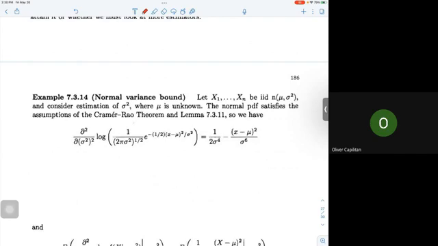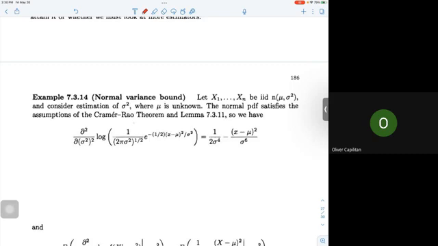And at the same time, we can apply 7.3.11. So we have here the second partial derivative of the log of our density with respect to sigma squared.